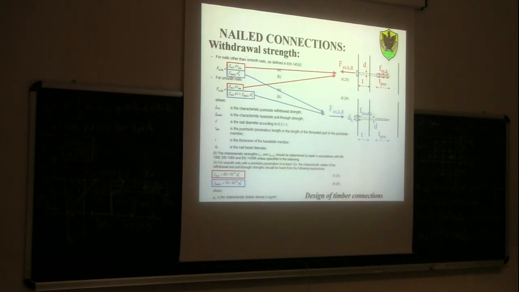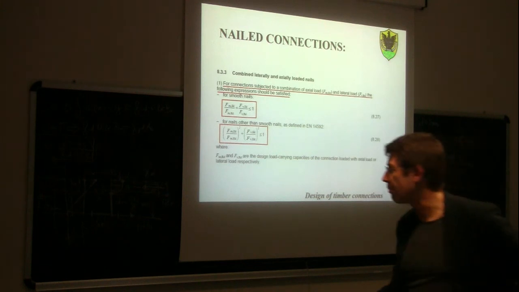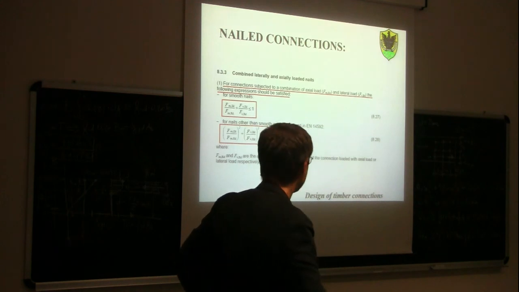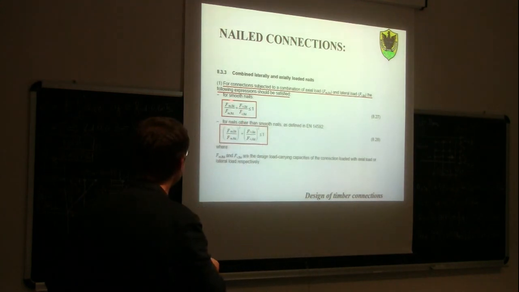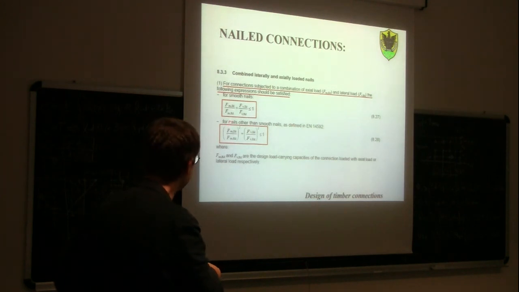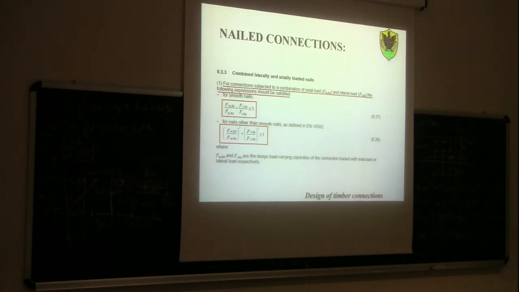Last thing, and then we finish. What happens if your nail is subjected to combined lateral and axial forces? In this case, for smooth nails, we use a linear interaction criterion. So we take the ratio between the axial force demand and the axial strength, and we add to this the ratio between the shear force demand and the shear strength using Johansen's equation.